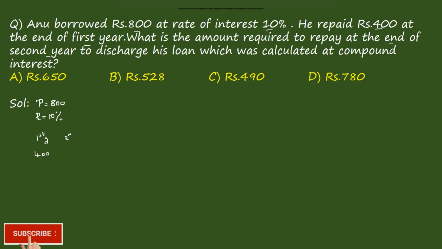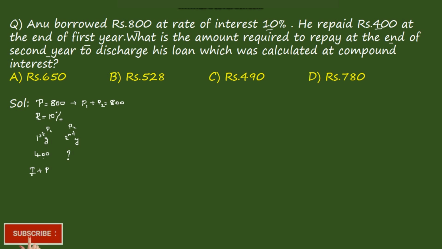So for the second year, they're asking how much he has to pay. Now in the first year, he'll be paying the interest plus principal. If you consider the first year principal as P1 and the second year principal as P2, then P1 plus P2 is equal to 800. But it is given that interest plus principal is 400 for the first year.